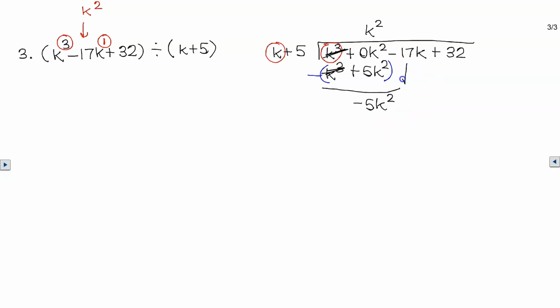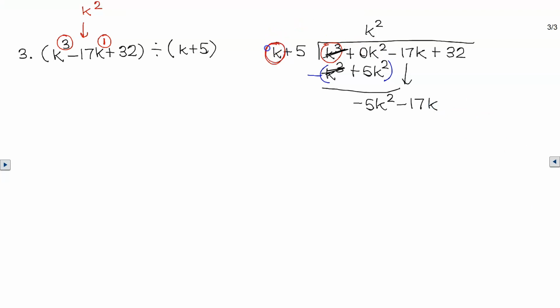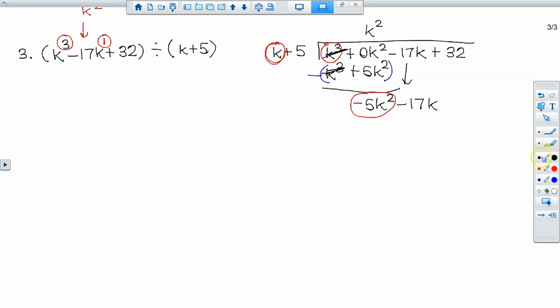So now we're going to bring down that very next term of negative 17k. And then we're going to go through that dividing process again. So we're going to see how many times k will go into negative 5k squared. So what would I have to multiply times k in order to get negative 5k squared?